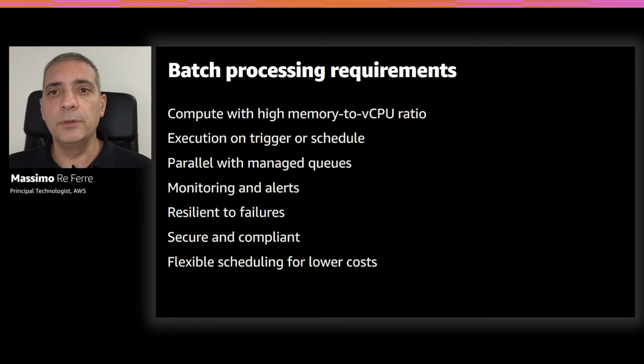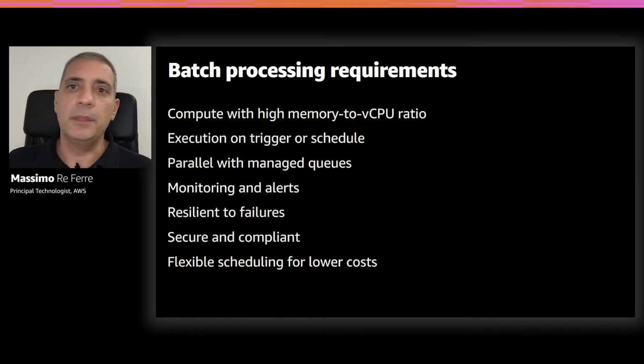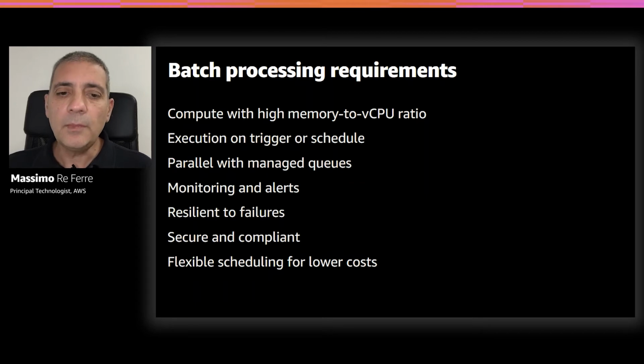As I alluded to, batch workloads or batch jobs are not triggered by an end user clicking a button and waiting for something to come back. They are usually triggered by an event that happens somewhere, or it could be a cron job, right? Run this job every night at midnight, for example.